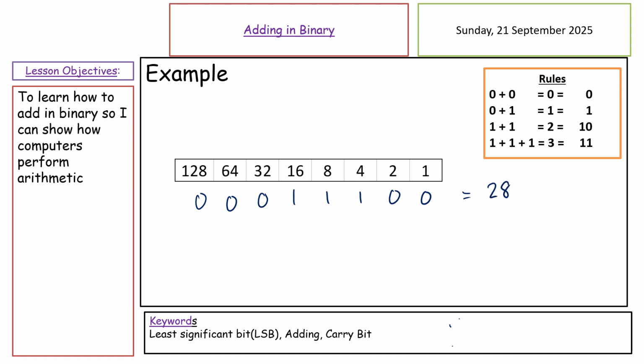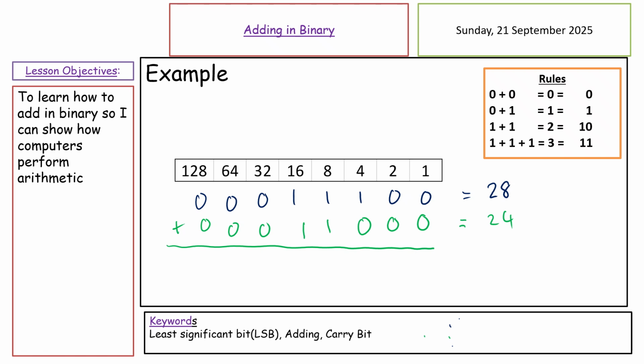And let's take another number, which I'll do in green. 0, 0, 0, 1, 1, 0, 0, 0. Let's add these together. Let's draw a line underneath. And just so we're aware, the green number, 16 plus 8, is 24. And we're going to use that to check later on.